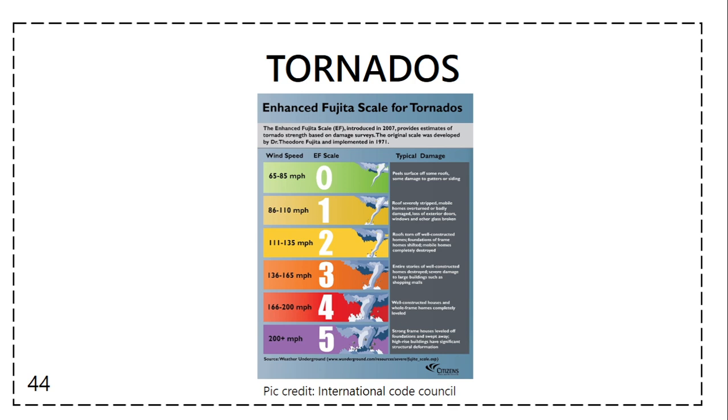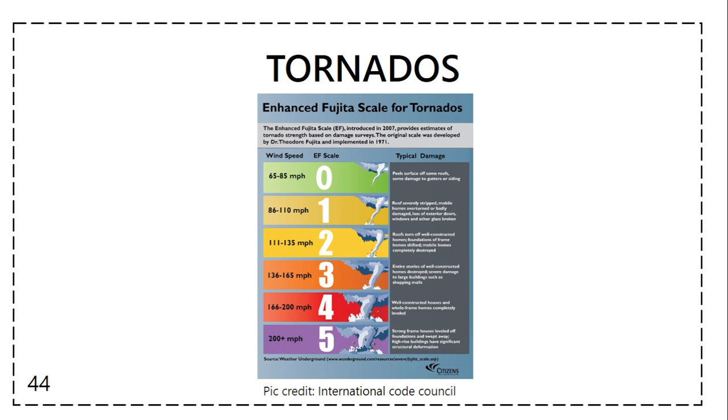EF1: roofs severely stripped, mobile homes overturned or badly damaged, loss of exterior doors, windows and other glass broken. EF1, this is still weak compared to the stronger ones. EF2: roofs torn off some well-structured homes, foundations of frame homes shifted, mobile homes completely destroyed.